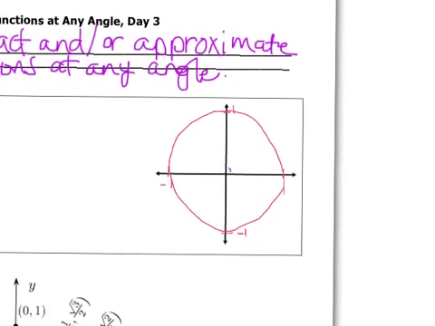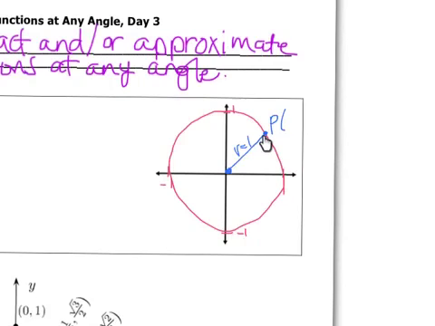Let's say we have the terminal side of an angle meeting up with that unit circle. This looks exactly like what we did last time. We called that point P.